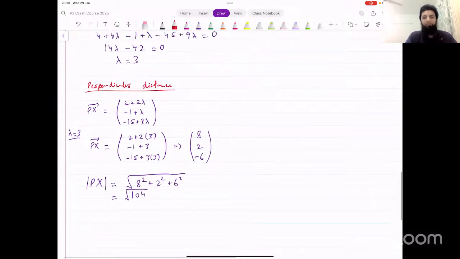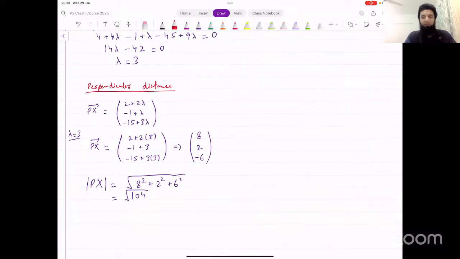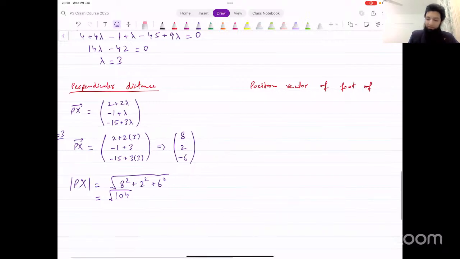Okay. Now that's one thing that we can find here. Sometimes instead of finding the perpendicular distance, they ask you for the foot of the perpendicular. They will ask you for the position vector of the foot of the perpendicular.